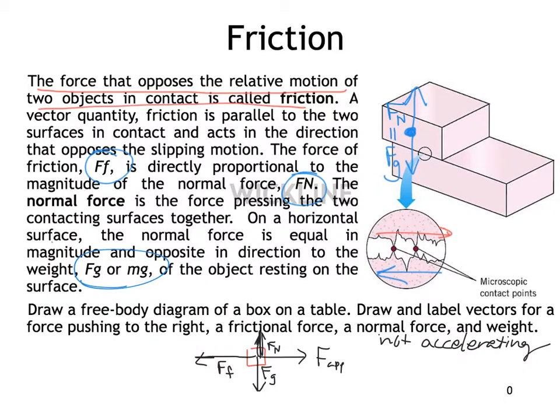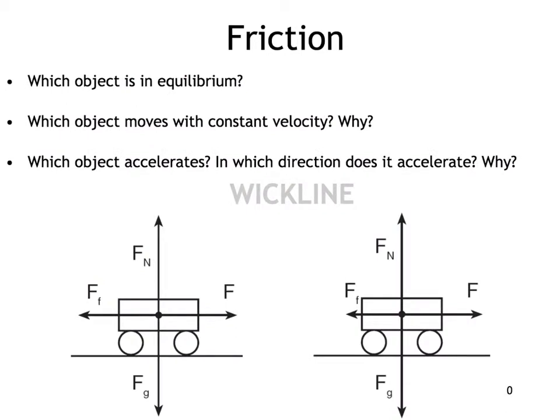So the Fn should be equal in size to the Fg, and the Fap should be equal in size to the Ff. So equilibrium is when an object is not accelerating. And that's because when an object is in equilibrium, its net force, meaning the sum of all the forces, is 0 newtons.